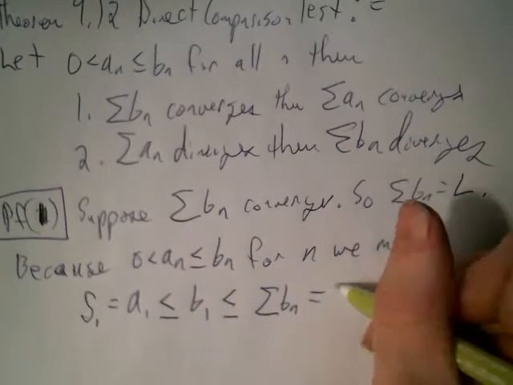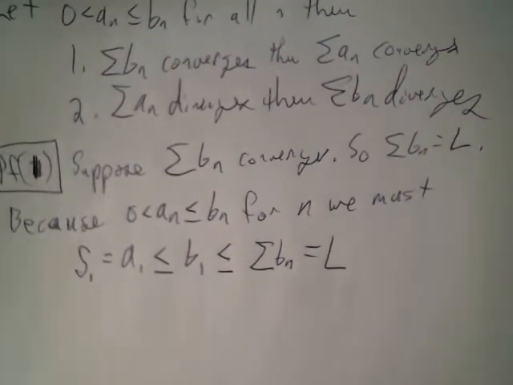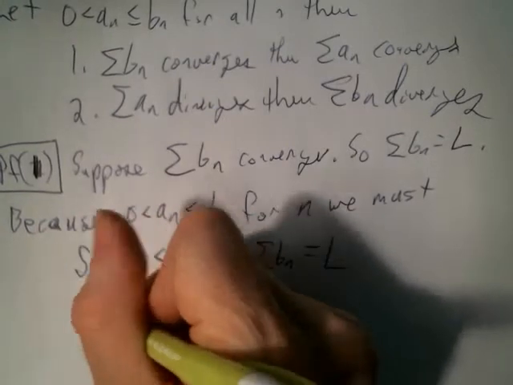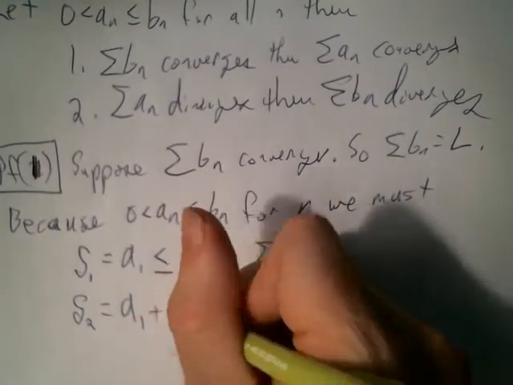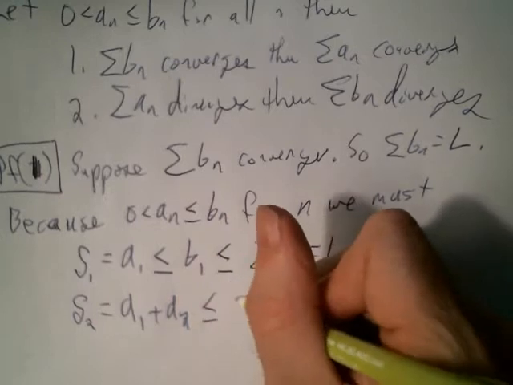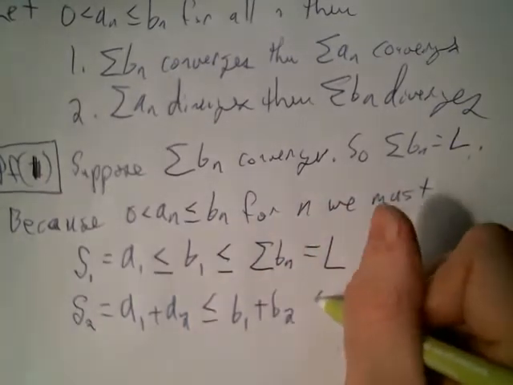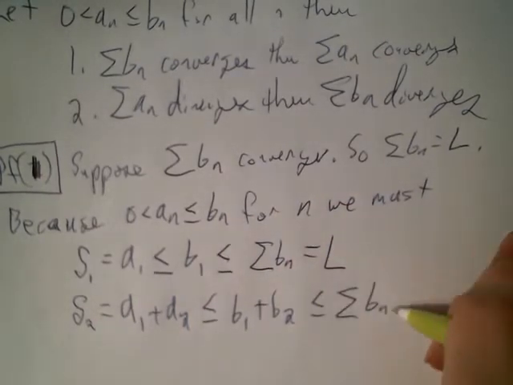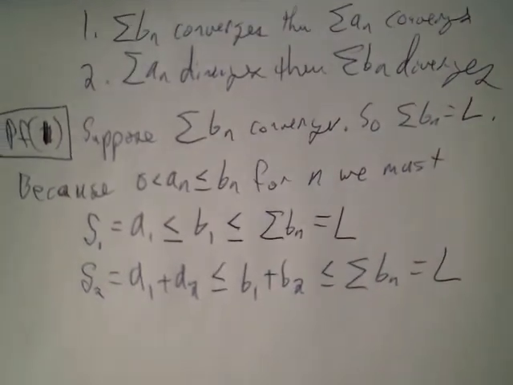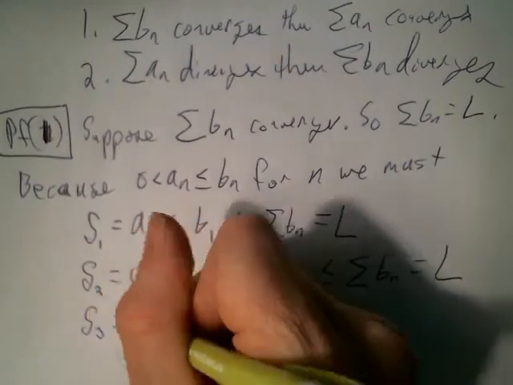And of course, we know the sum of b sub n equals L. Then S sub 2 is a sub 1 plus a sub 2, which is less than or equal to b sub 1 plus b sub 2, which is less than or equal to the series b sub n, which of course again is equal to L, etc.